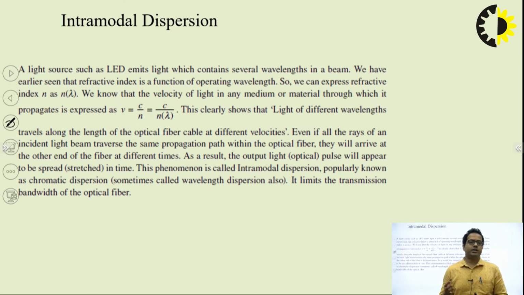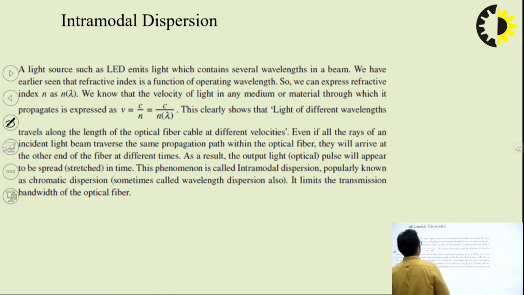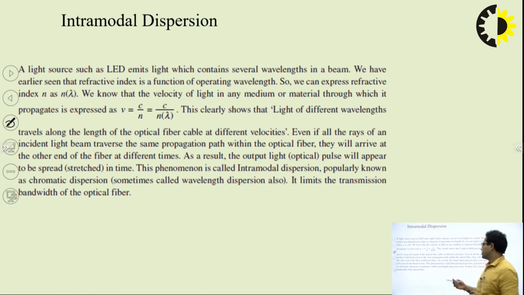So they might arrive at the end of the optical fiber at a different time, which leads to a spreading of the optical pulse. This is written in this diagram, in this entire paragraph. So it limits the transmission bandwidth of the optical fiber, your intramodal dispersion.